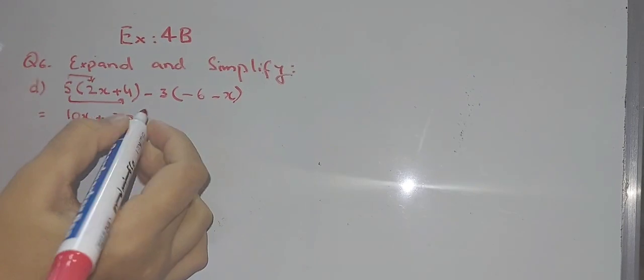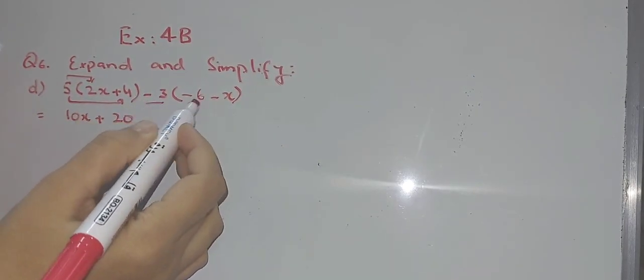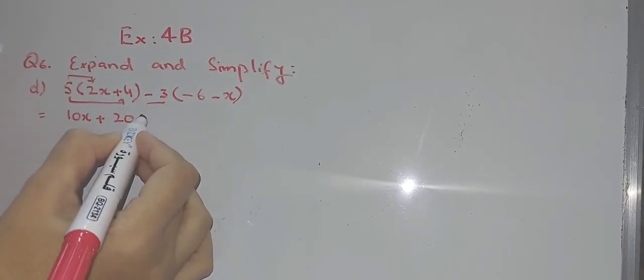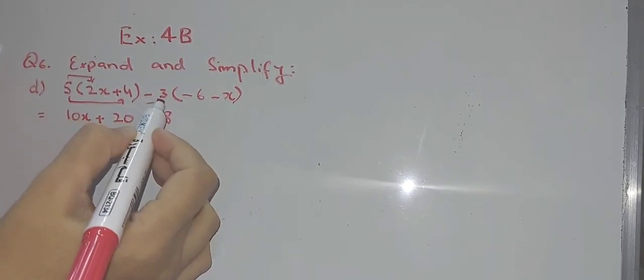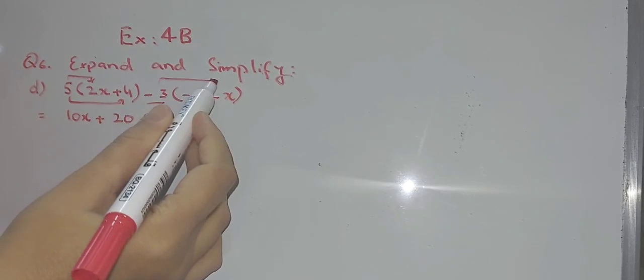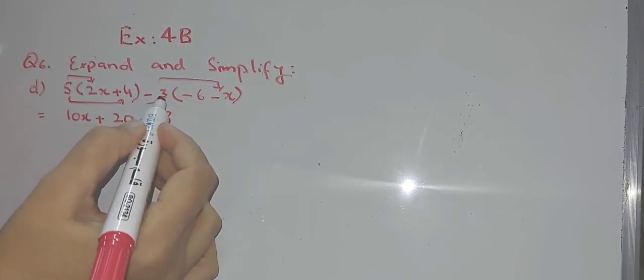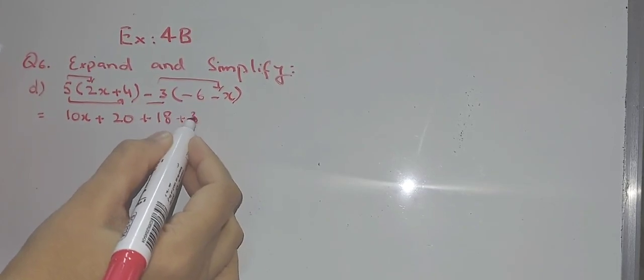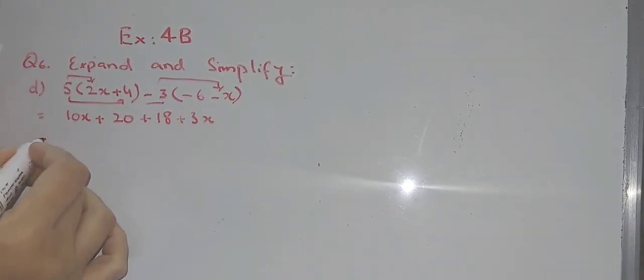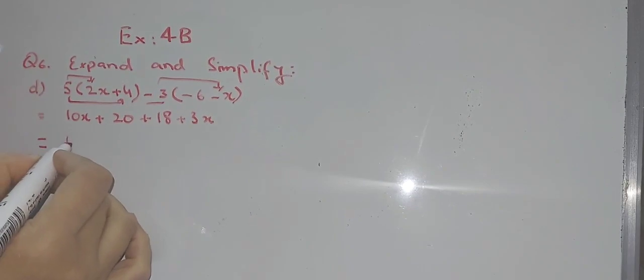Now we have to multiply minus 3 with minus 6. Minus multiplied with minus is plus, 3 sixes are 18. Again minus 3 will multiply with minus x, so it will become plus 3x.